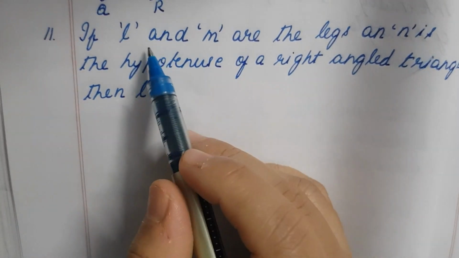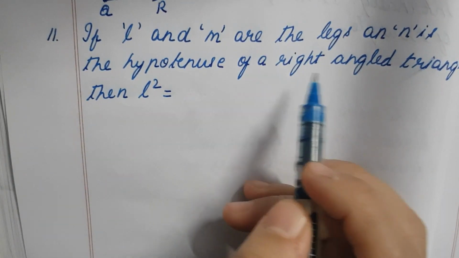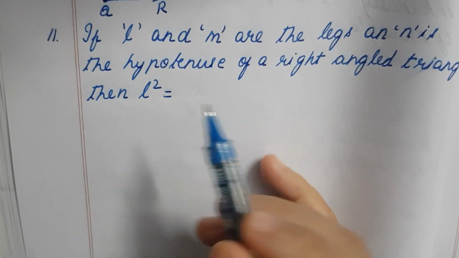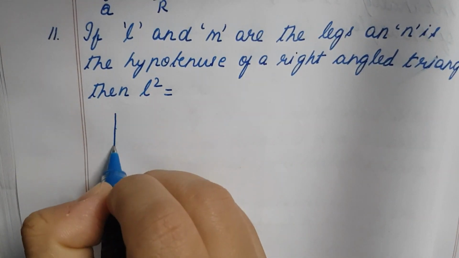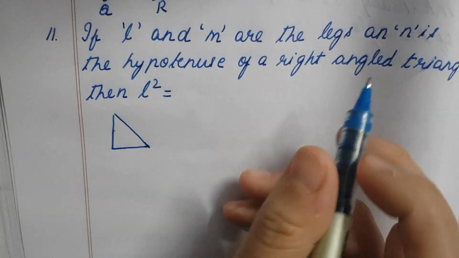Subdivision 2. If L and M are the legs and N is the hypotenuse of a right angled triangle, then L square is equal to what? So this is a right angle triangle. They have said N is the hypotenuse.